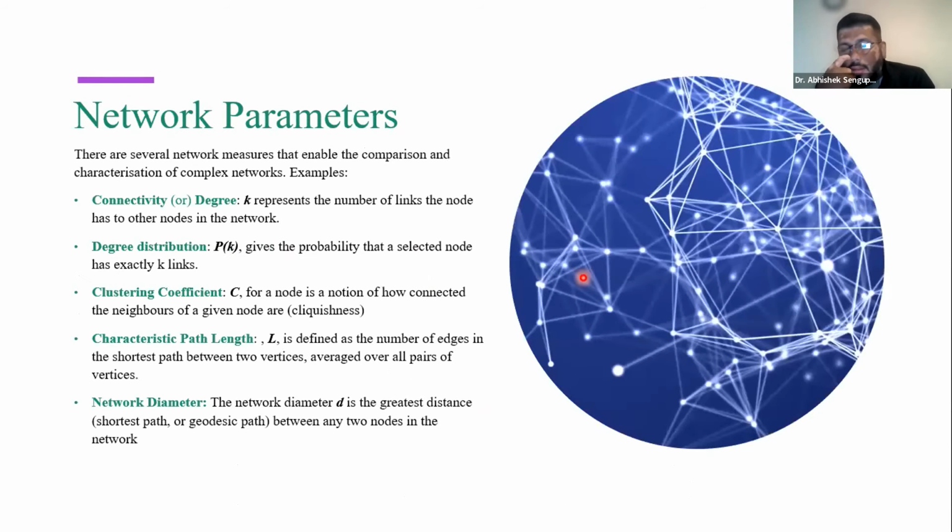Now, we have seen here what networks are. Networks are basically a representation using nodes and edges. Now we have various parameters by which network topology can be parameterized or weighed, right?